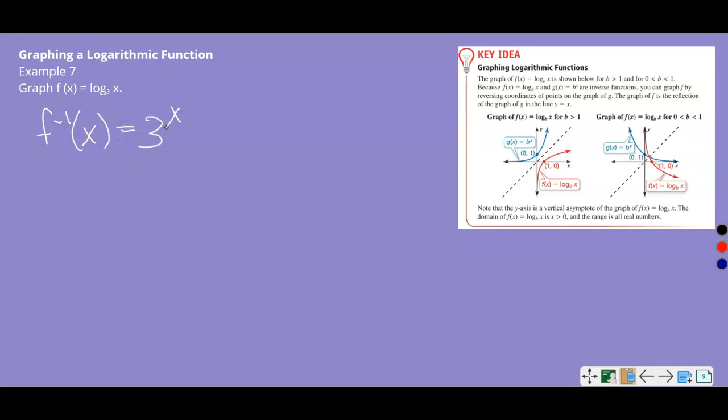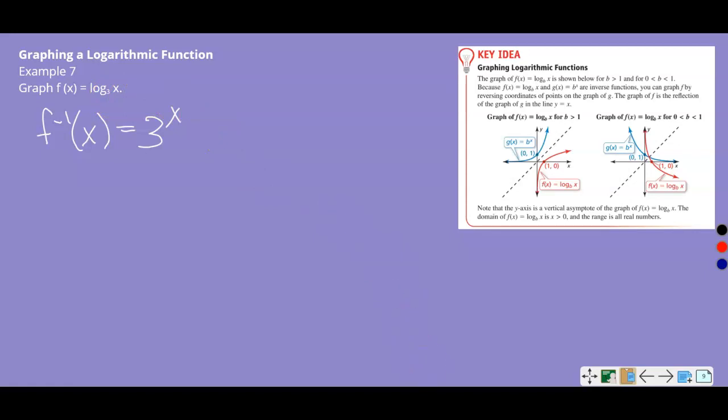Now, as always, you can make a table of values, pick your x's, plug them in to find the y's, and that's how you would graph the exponential function, or just type it in your calculator. If you find a table of values for your exponential function that gives you your x's and y's, and you want to graph a logarithm, find this table first, switch the x's and y's, and that gives you your table of values for your logarithm.